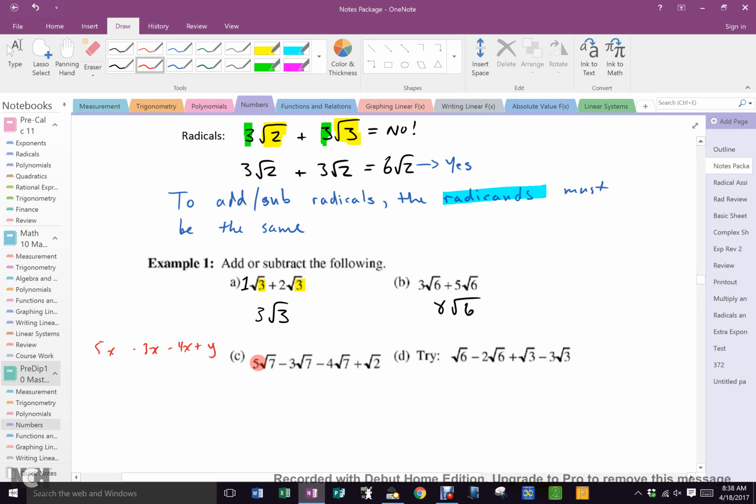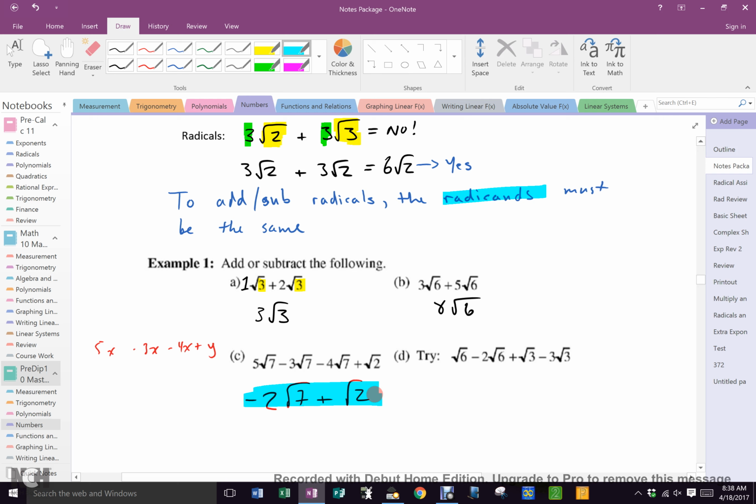Of course. So you do 5 and you take away 3, which is 2. Then you take away 4 more to get negative 2. But it's not x's. What is it? Root 7's. Plus what? It's not y, it's root 2. Everybody good? Okay.